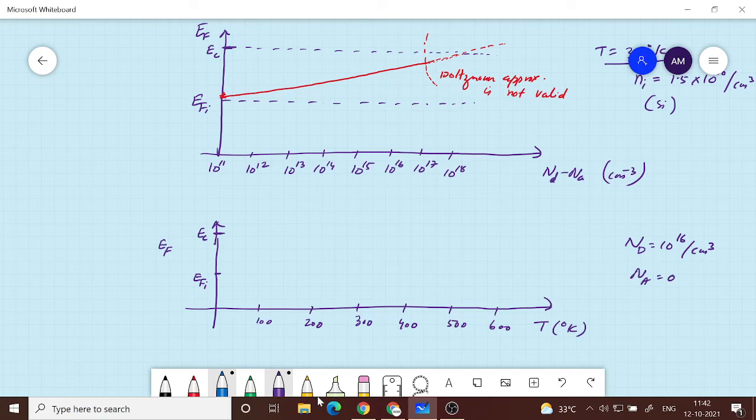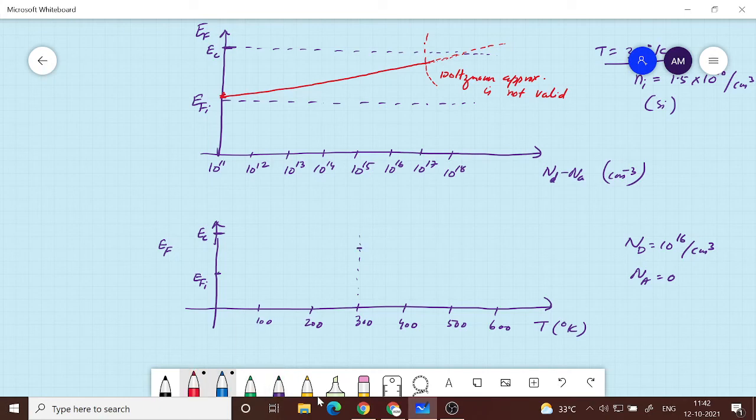At very low temperature, let's skip that, and let's say at room temperature, what is going to happen? It will be much above EFI, somewhere in between. Somewhere here it will be.